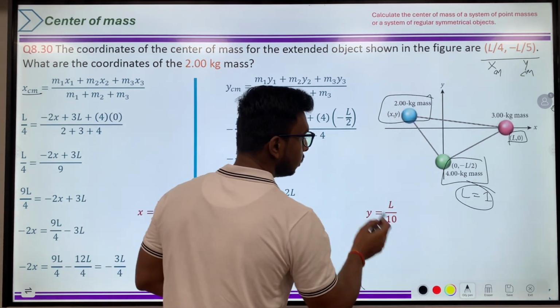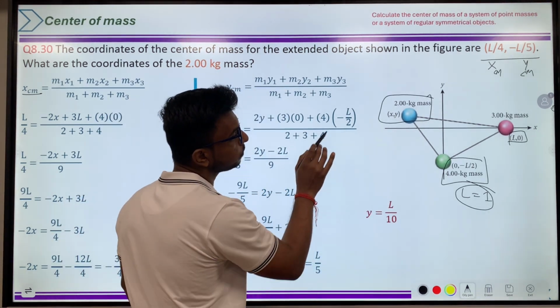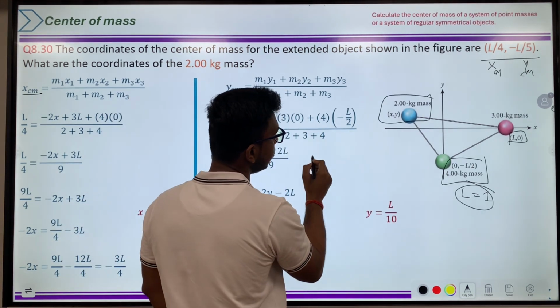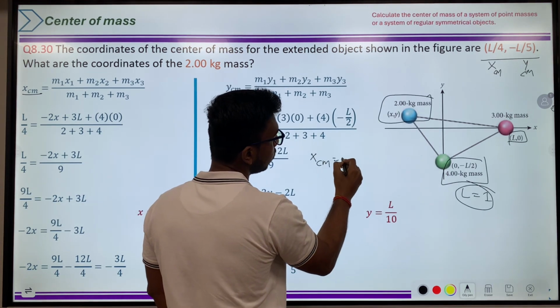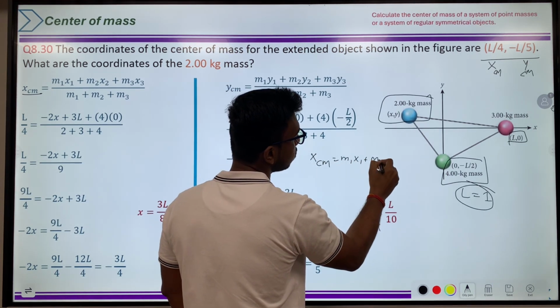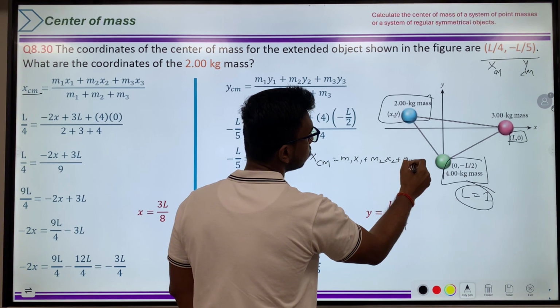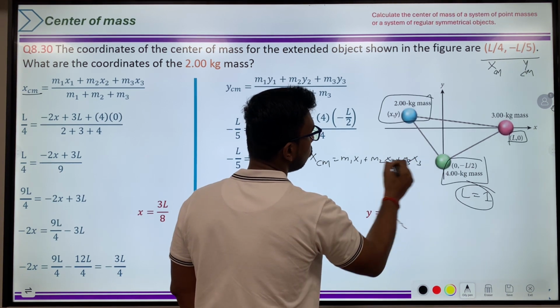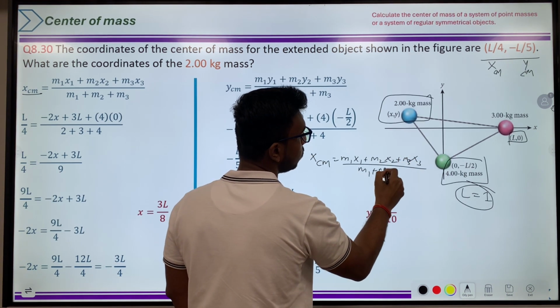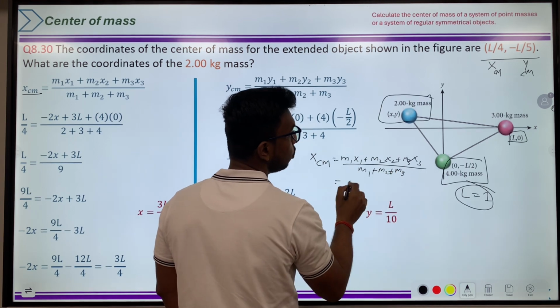Okay, so let's start. Basically what we have to do is xcm is equal to m1x1 plus m2x2 plus m3x3 over m1 plus m2 plus m3. You have the values.